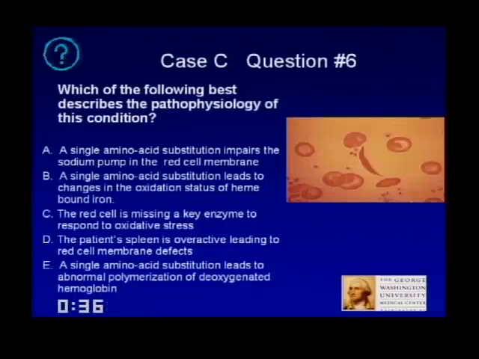C, the red cell is missing a key enzyme to respond to oxidative stress. D, the patient's spleen is overactive, leading to red cell membrane destruction. Or E, a single amino acid substitution leads to abnormal polymerization of deoxygenated hemoglobin. I tried to make this question a little bit more difficult. I think if the boards were to ask this, they would get to this level of detail. Shall we vote?